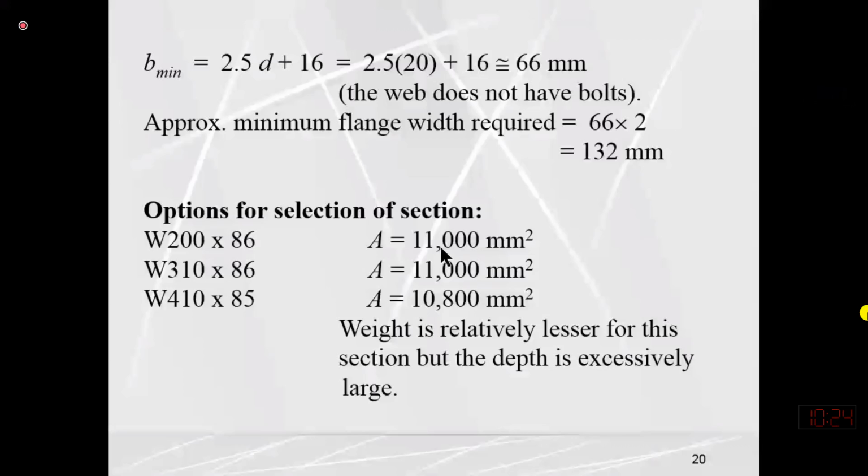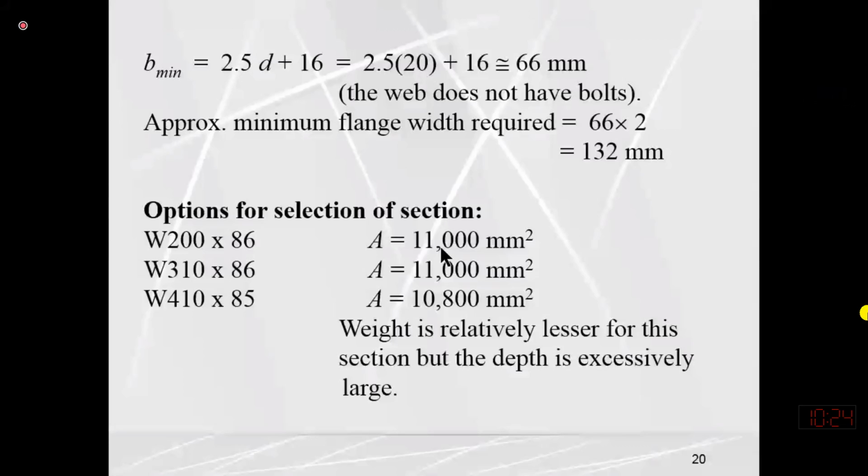If I am on page number 41, that is a BS shaped section, and I am not supposed to select from the BS standard sections. Actually I am supposed to start from page number 23. Yes, page number 23. I need to select from sections which are manufactured as per ASTM or AISC specification.